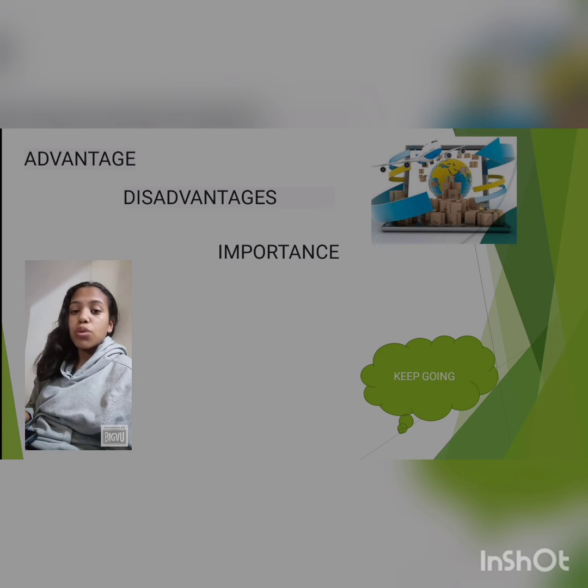We already know that when we talk about foreign trade, we refer to transit between countries.